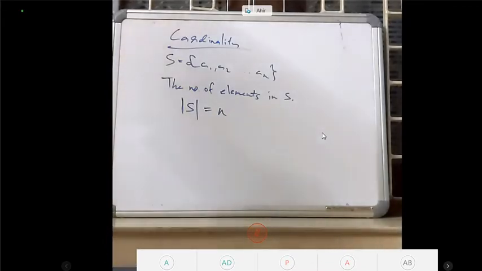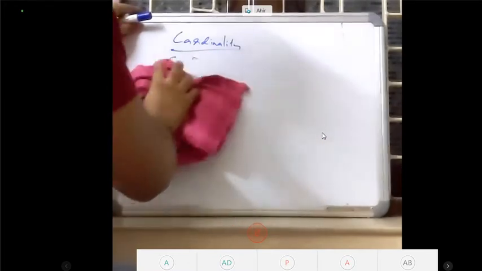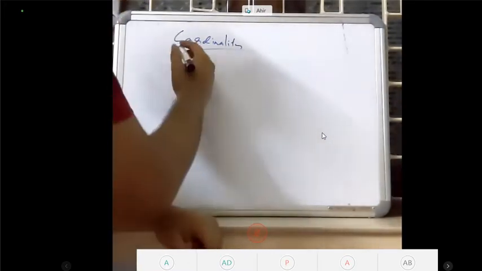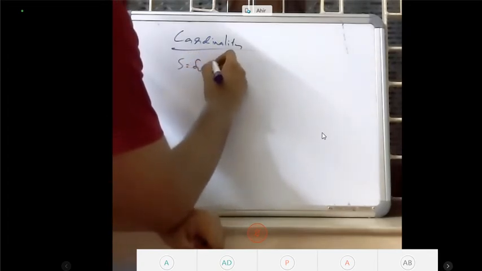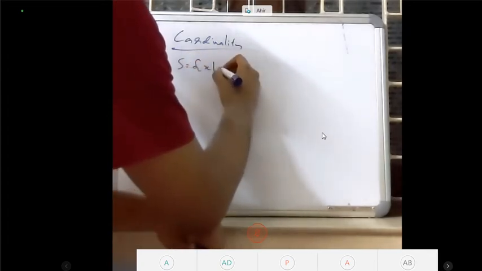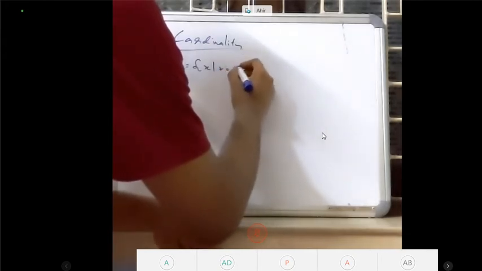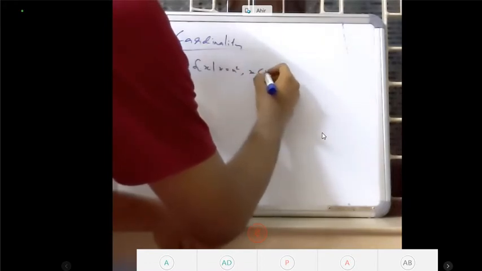So take another set, suppose the set S of x such that x is a perfect square and x is less than 120.